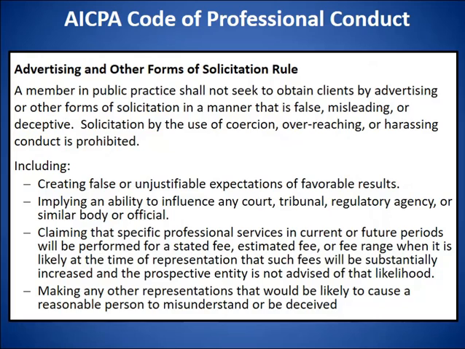The second example is implying an ability to influence any court, tribunal, regulatory agency, or similar body or an official. In other words, the CPA saying, look, we have the inside track on this. This guy's my golfing buddy or whatever, and we can get a ruling in your favor.